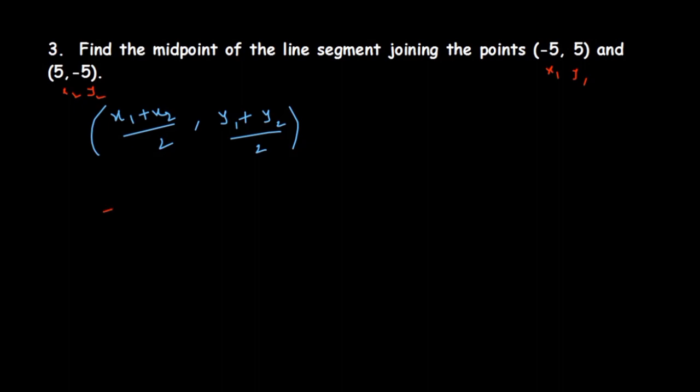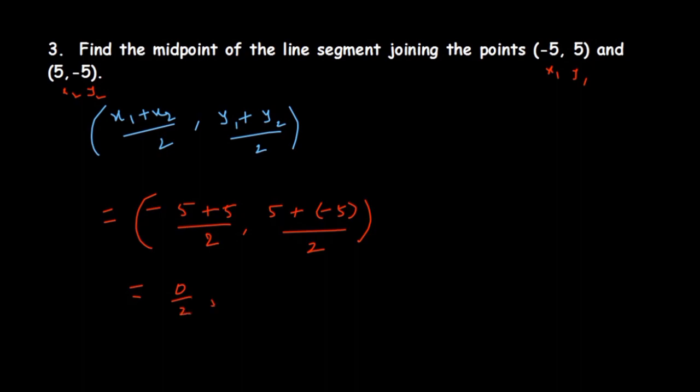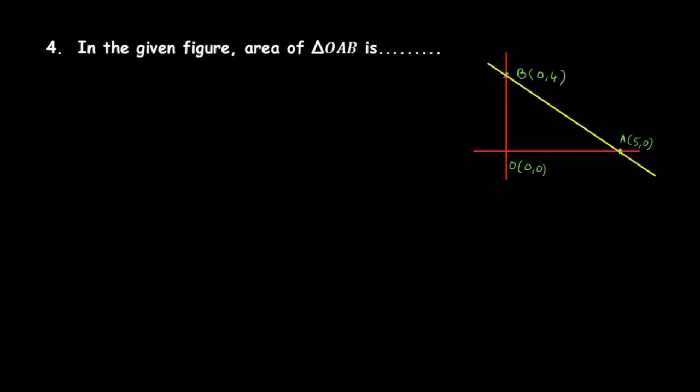Then x1 plus x2, here x1 is -5 and x2 is 5, by 2. And y1 is 5 plus y2 is -5 by 2. So -5 plus 5 equals 0 by 2, and 5 minus 5 gets 0 again, so 0 by 2. The answer is 0, 0. So 0, 0 is the answer of this question.